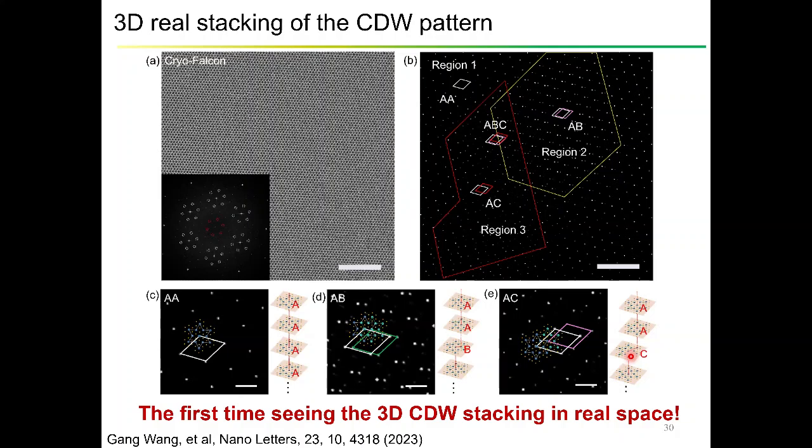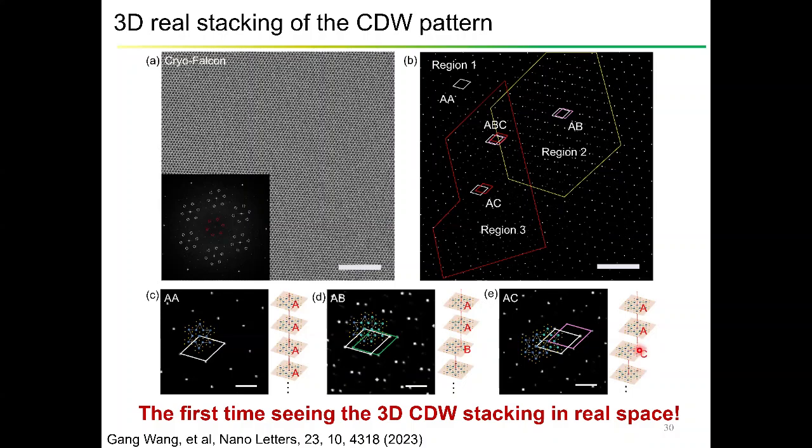Okay, so I need to clarify again, this is not the common stacking fault we observe. I think this is the electronic structure distortion that leads to lattice distortion in a very pristine lattice, so that we are seeing the stacking fault of the distorted structure.